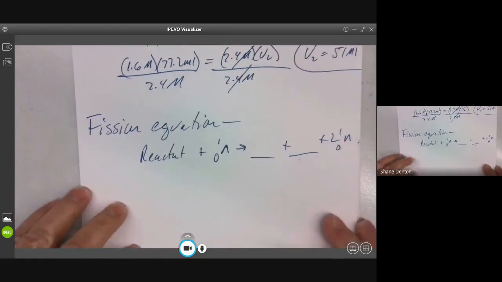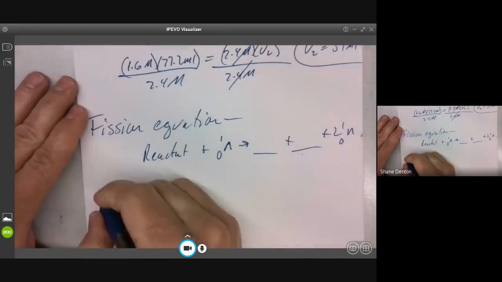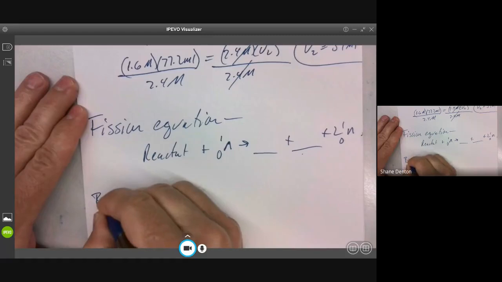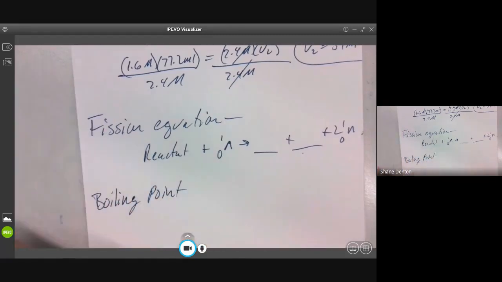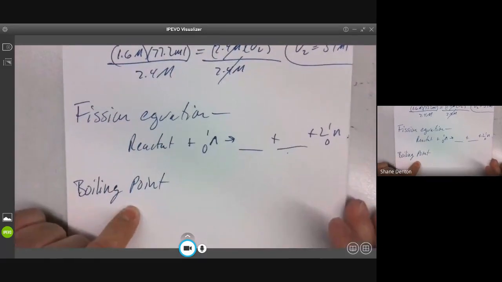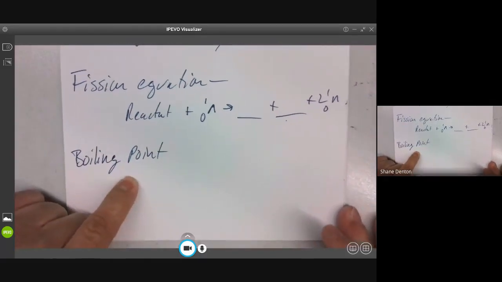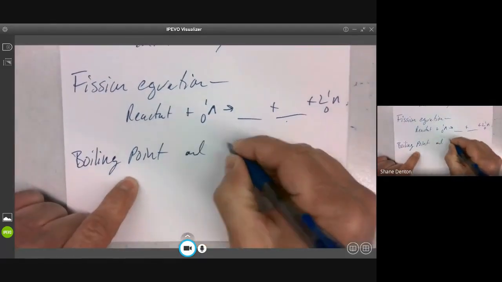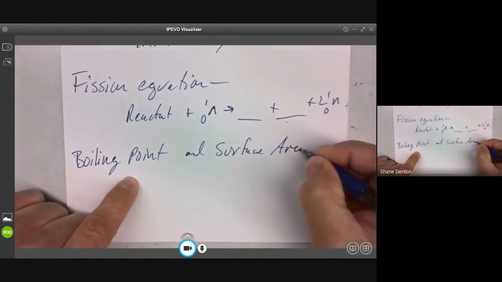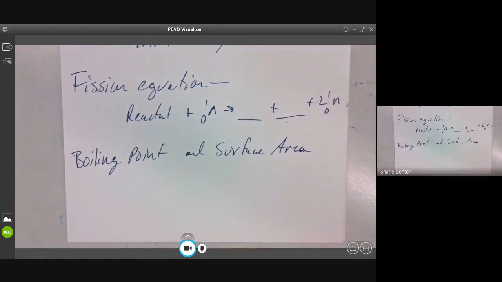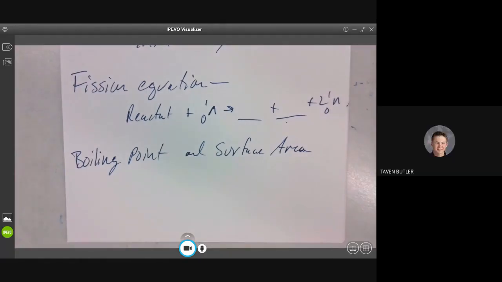All righty. Boiling point. How does boiling point apply or correspond to surface area? Anybody remember how boiling point and surface area are related? It all depended on branches, right?